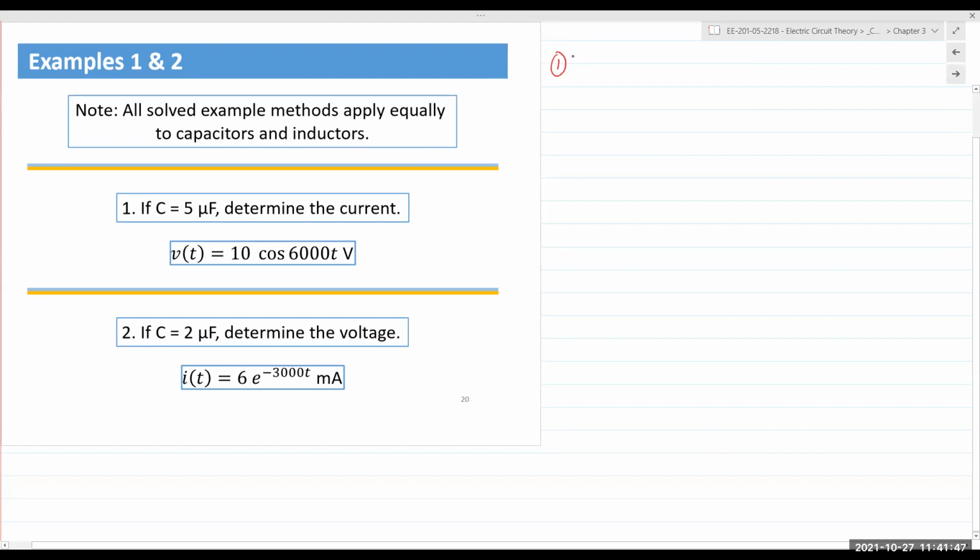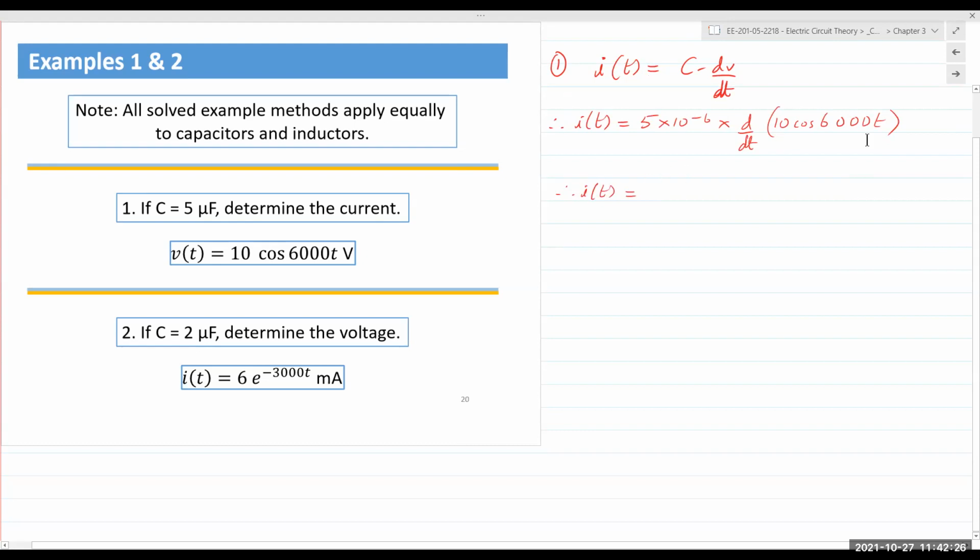C is 5 microfarads. We are asked to find the current. And I of t would simply be C dv over dt. C is 5 microfarads, and the derivative of the voltage.